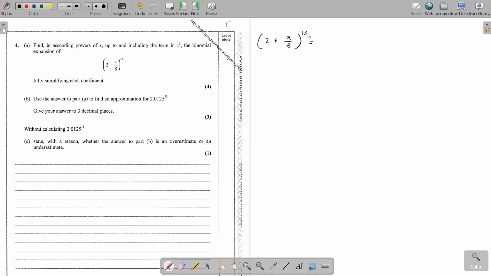So when you expand, you start with 13C0, isn't it? You want the x term to be in ascending power, which means you get here 2 to the power 13 times (x over 8) to the power 0, right? So next one, 13C1, 2 to the power 12, (x over 8) to the power 1.